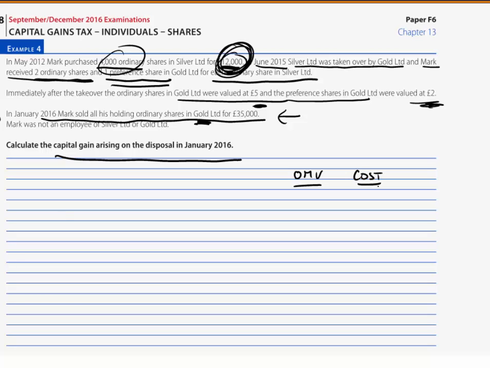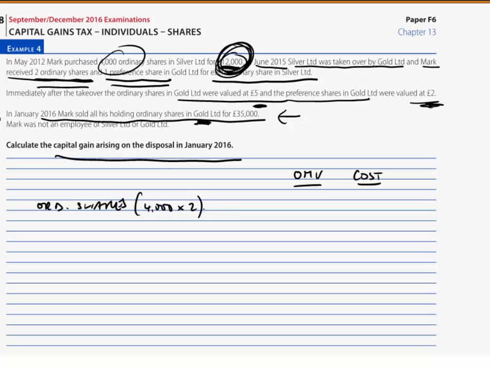Now bear with me here. Right, what did we receive from Gold? Firstly, we received some ordinary shares. How many ordinary shares did we receive? Mark purchased, remember, 4,000 ordinary shares in Silver, and for each of those 4,000 ordinary shares, receives 2 ordinary shares in Gold.